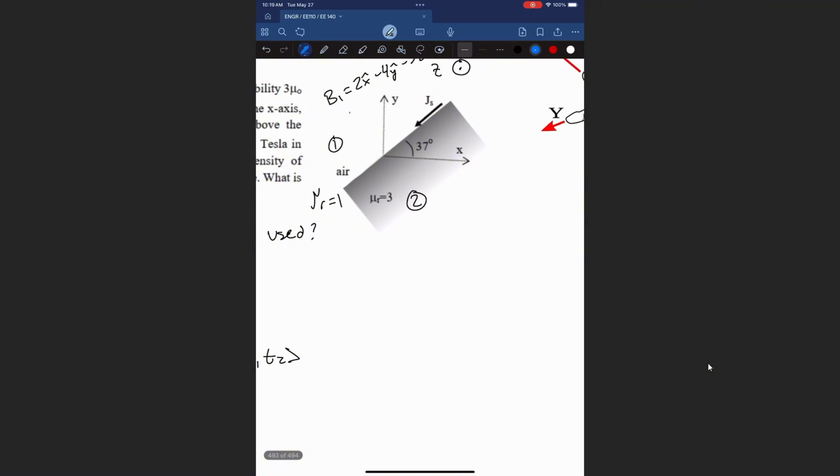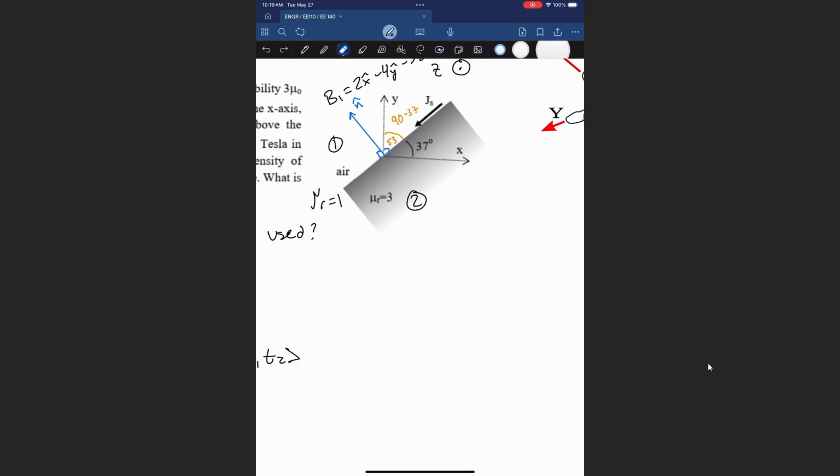N hat is a normal vector perpendicular to the surface of the block. We can find the xyz components of this normal vector with the 37 degrees. We know that there is a right angle between the x and y axis. Therefore, the angle between the block and the y-axis is 90 minus 37, which is 53 degrees.